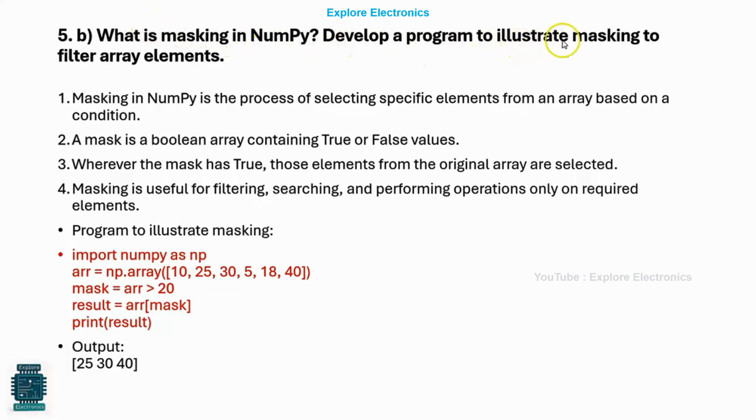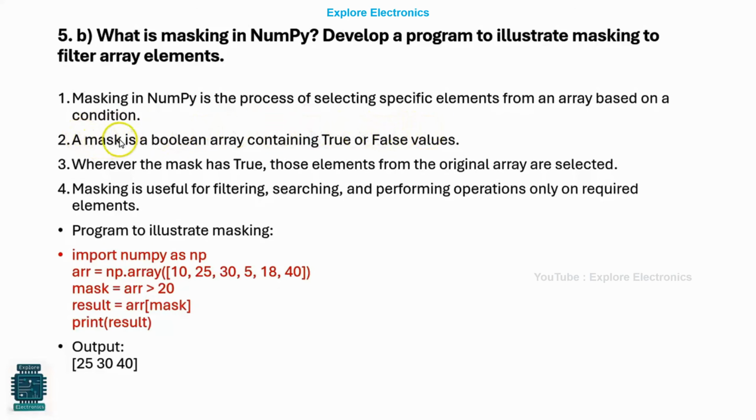Develop a program to illustrate masking to filter array elements. Here, masking in NumPy is the process of selecting specific elements from an array based on a condition. A mask is a Boolean array containing true or false values.